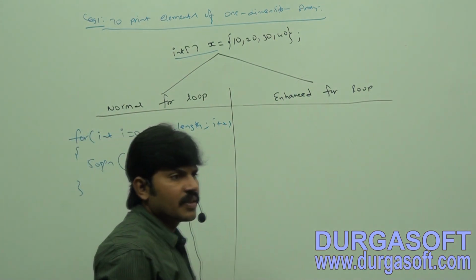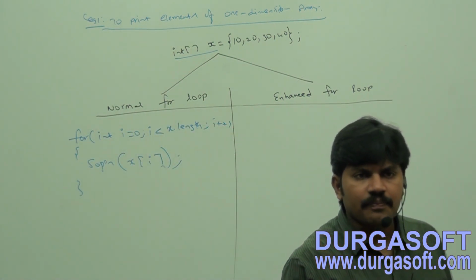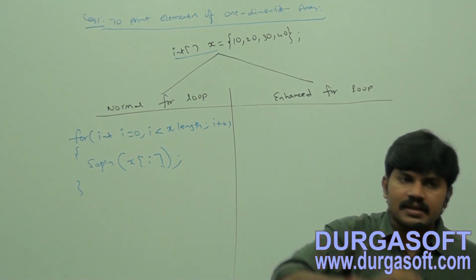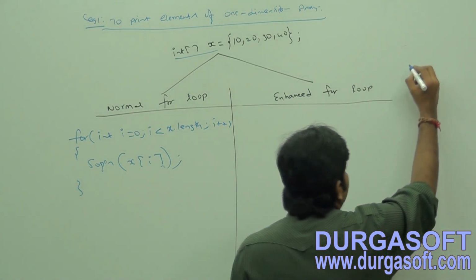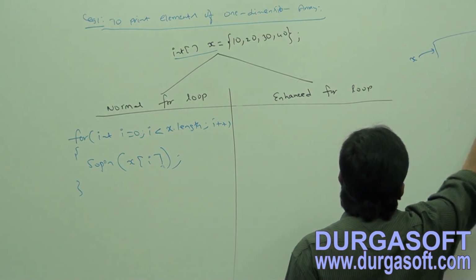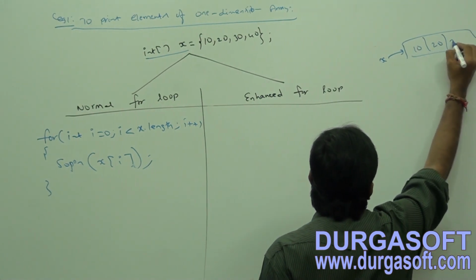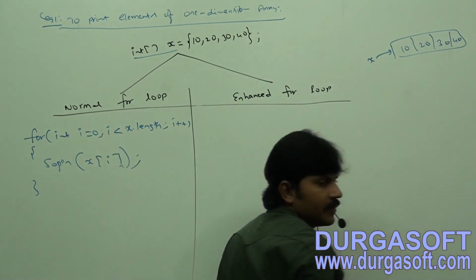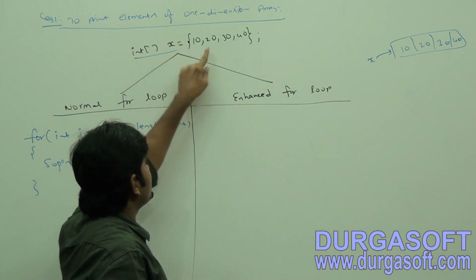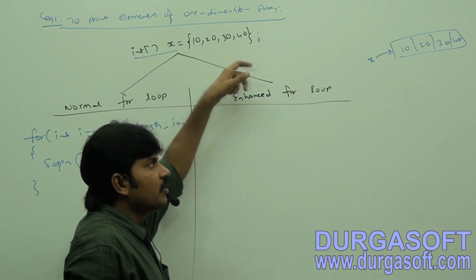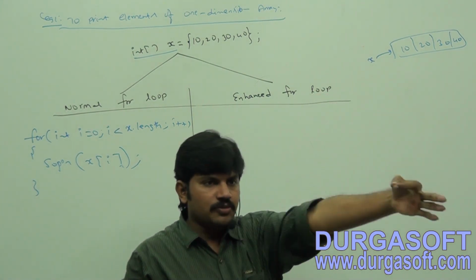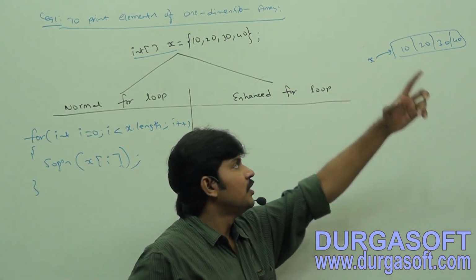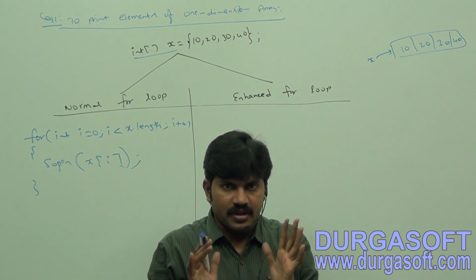What is x? x is an int array. What does x contain? x contains int values 10, 20, 30, 40. Now for each int value in x I have to print, correct or not?